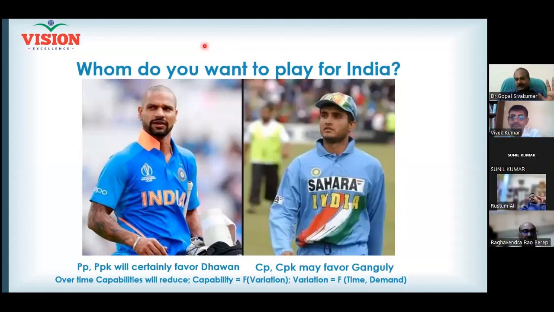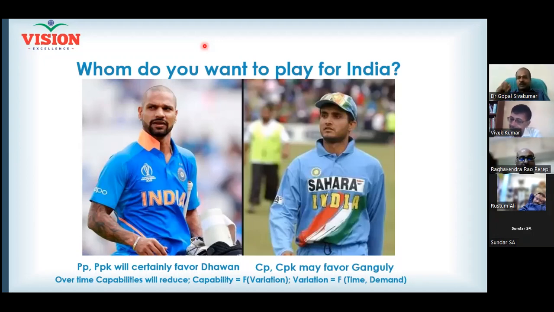So CP and CPK talk about capability. PP and PPK will talk about performance. Which is important to you? Performance. Performance is what your customer will feel. Capability is what you have. Performance is what you actually give. We know many things about Six Sigma, but what is it that we are giving you in the training that matters to you?